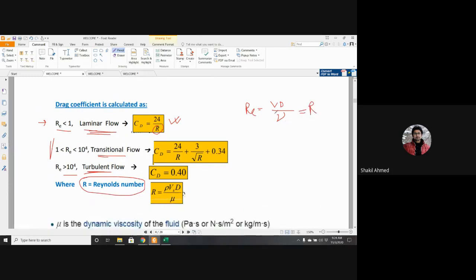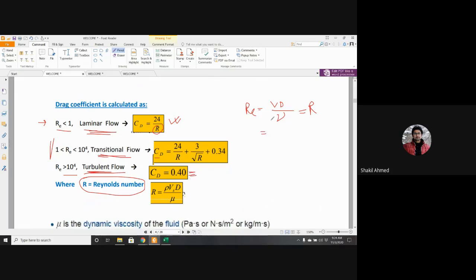In case of transitional flow, the formula of CD is this. In case of turbulent flow, it doesn't have any formula actually. In turbulent flow, the CD is constant, 0.4.